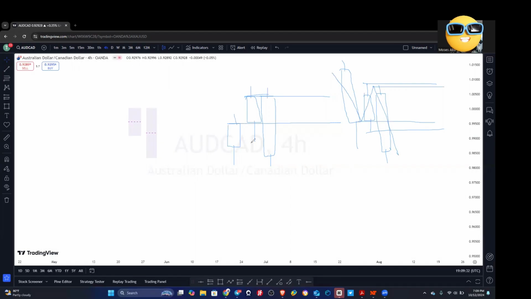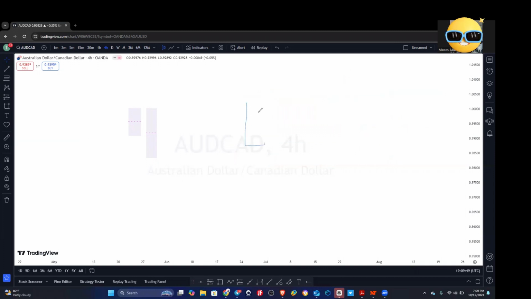So now, if I mark an engulfing, it means that every engulfing that I've marked, I have at least two SNR levels within it, either this way or that way. So rather than just focusing on the SNR, which could be here or here, I'm looking at an entire zone.